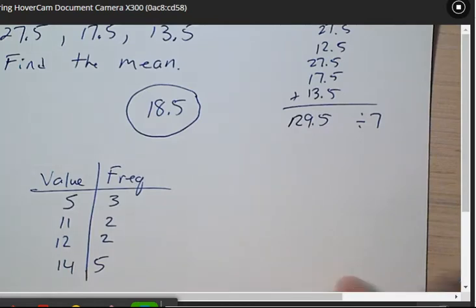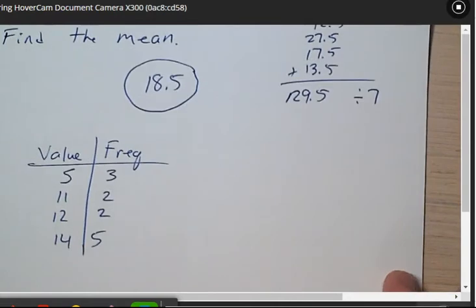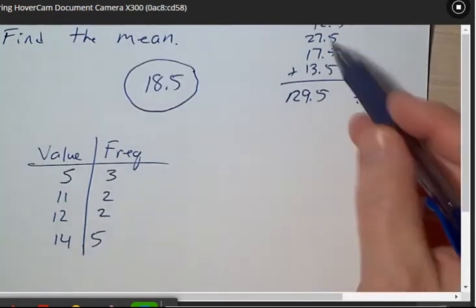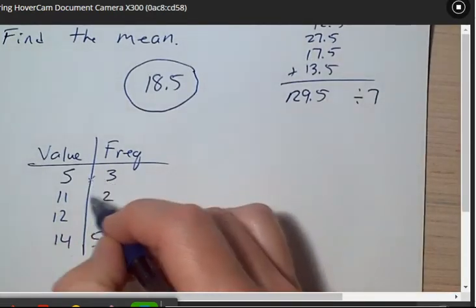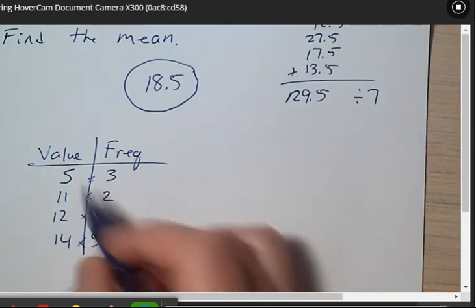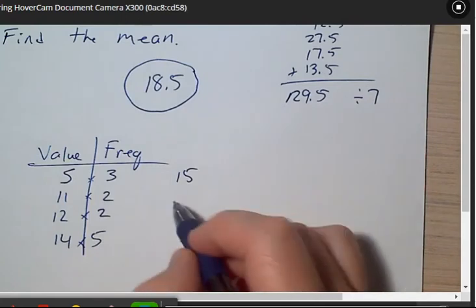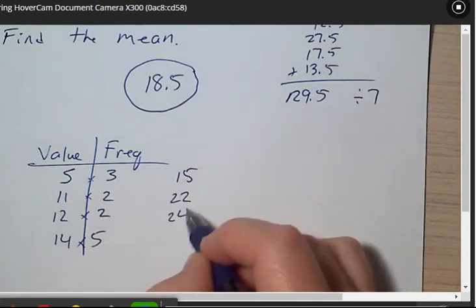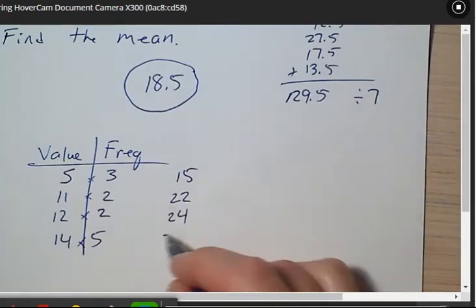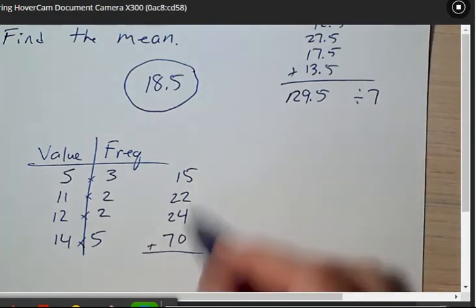Okay, so basically it's saying you have 3 5s, you've got 2 11s, you've got 2 12s, and you've got 5 14s. Easy thing on this one is that to get the sum, all you have to do is just multiply all these together. So take the value, multiply by the frequency, so that would be 15, 22, 24, that would be 70, and then add all those together.